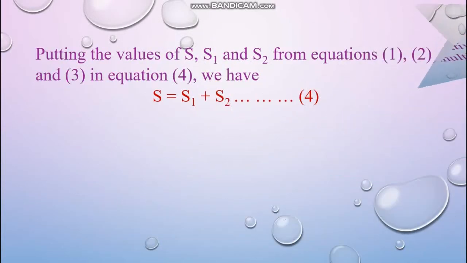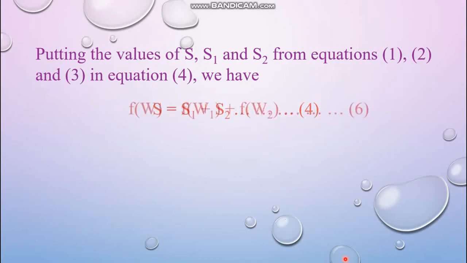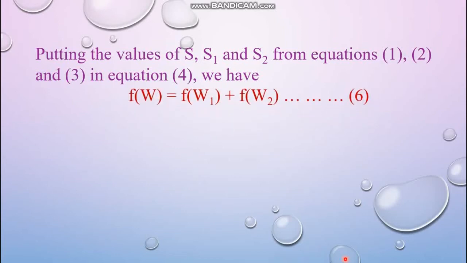Now you put these values in equations 1, 2 and 3. What were they? Equation 1 was S equals function of W. Equation 2 was S1 equals function of W1, and equation 3 was S2 equals function of W2. In equation 4, just put these values.